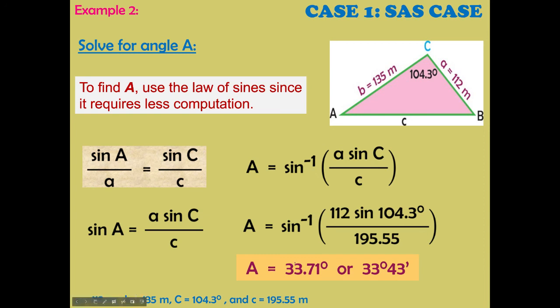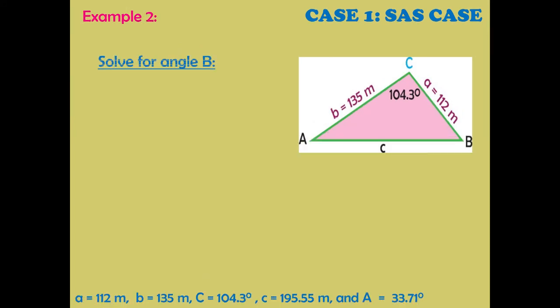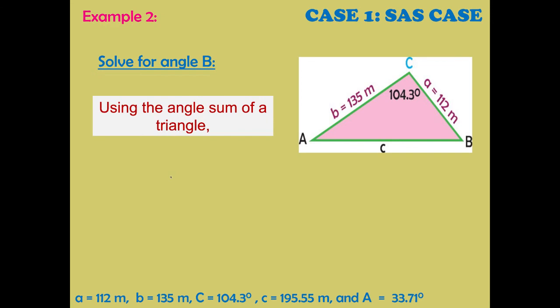We add this angle A to the values that we know, and let us now solve for angle B. To solve for angle B, we can use the angle sum of a triangle, which states simply that the sum of the angles of a triangle is 180 degrees.